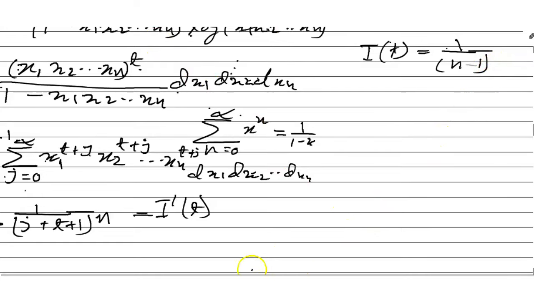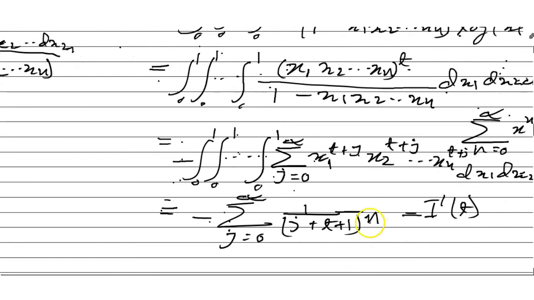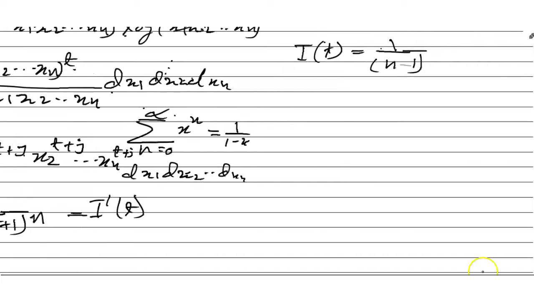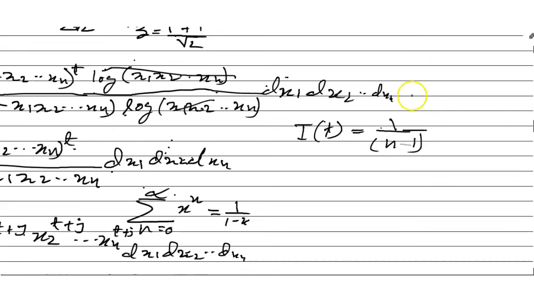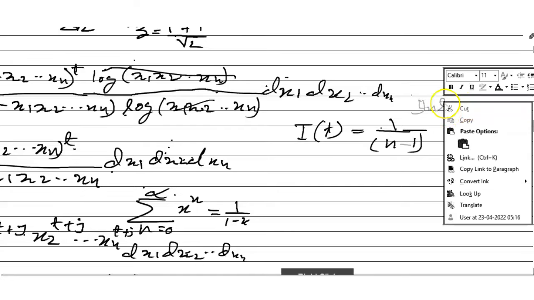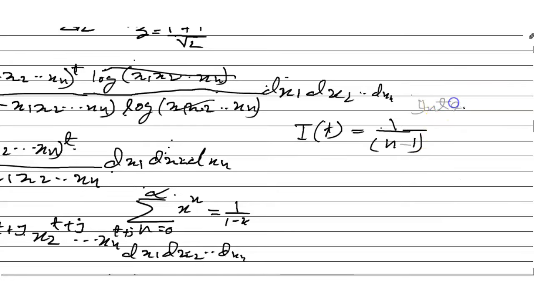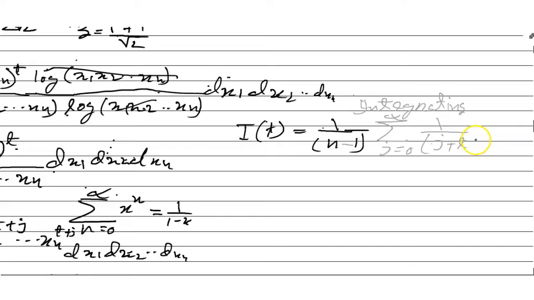You must remember this is the value. So it is equal to integrating with respect to dt. This is integrating, friends. So it is equal to 1 by n minus 1, summation j equals 0 to infinity of 1 by (j plus t plus 1) whole to the power n minus 1, plus c.